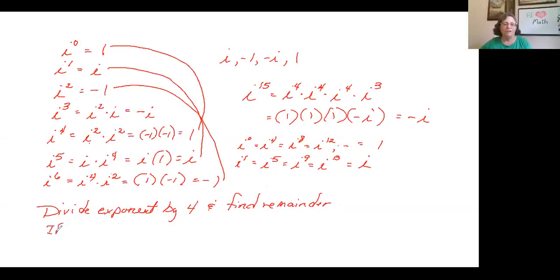If the remainder is 0, then it equals 1. If the remainder is 1, for instance, if you're dividing 5, 9, 13 by 4, it's equal to i.